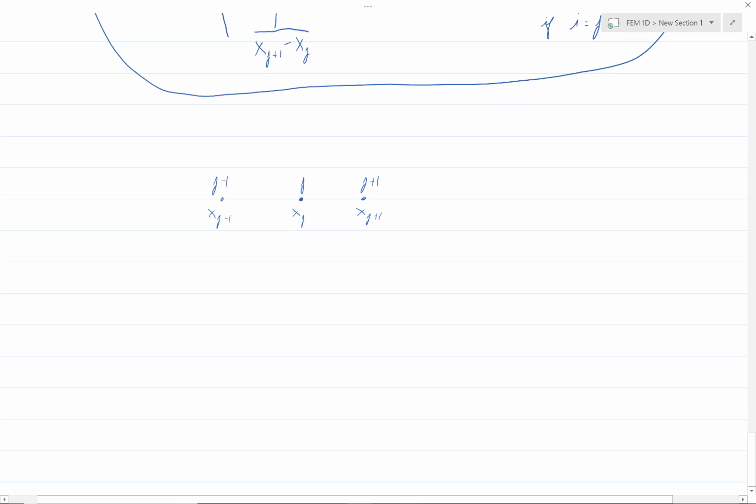Well then, now remember that bj will look like this. So suppose that we want to find a functional expression for bj of x. Well, bj of x is equal to 0 if x is less than xj minus 1, or x is greater than xj plus 1.